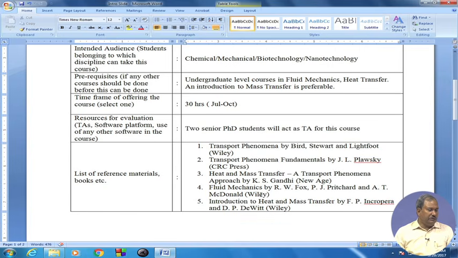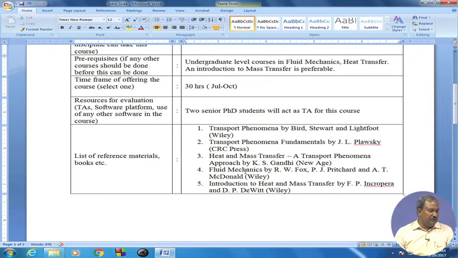The prerequisite for this course, I expect that you would have an undergraduate level course in fluid mechanics and in heat transfer. An introduction to mass transfer is preferable, but is not mandatory. So, we would see how these courses can be tied together through a unified treatment.